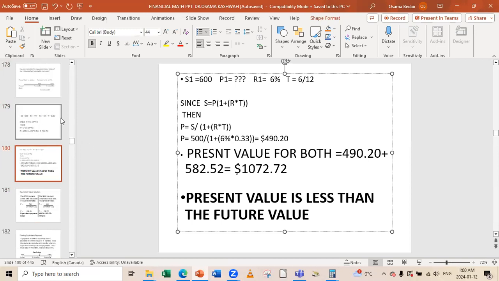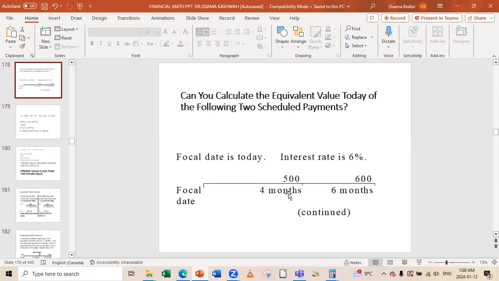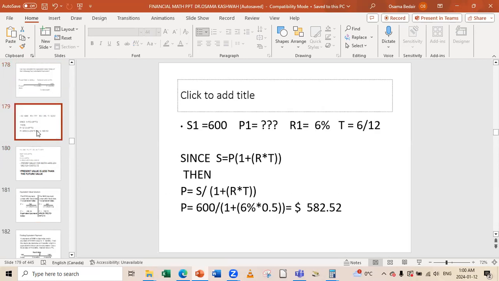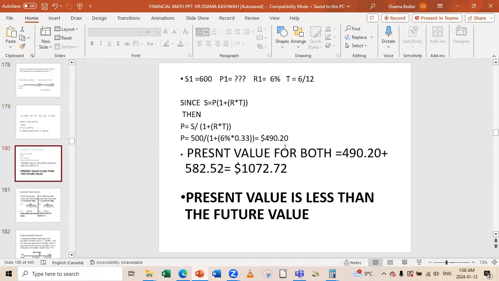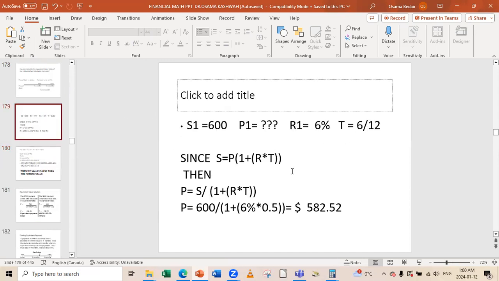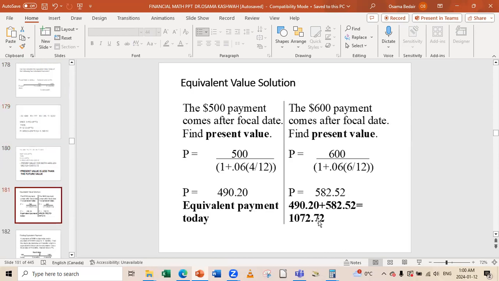So we count the present value for this amount here, meaning its value here. This way, we did it here. We did the present value for the first amount. Then we did the present value for the second amount as well. And then we add both of them together and it gives me this.